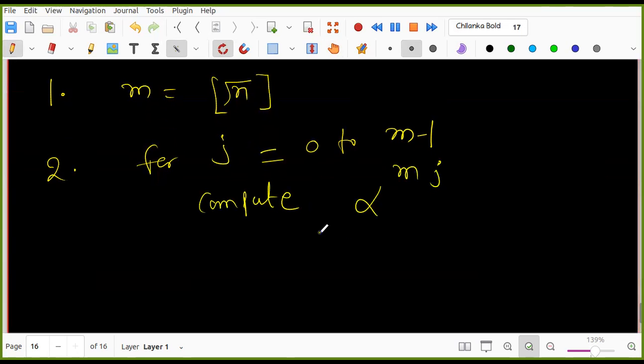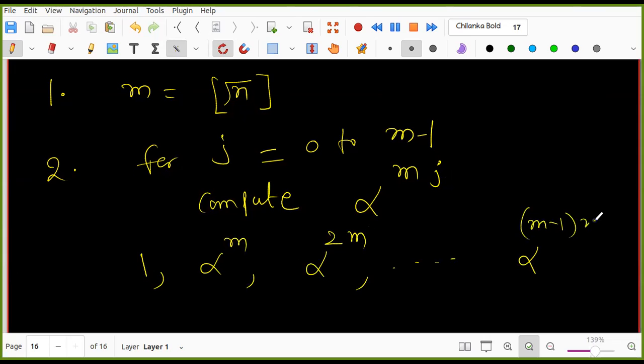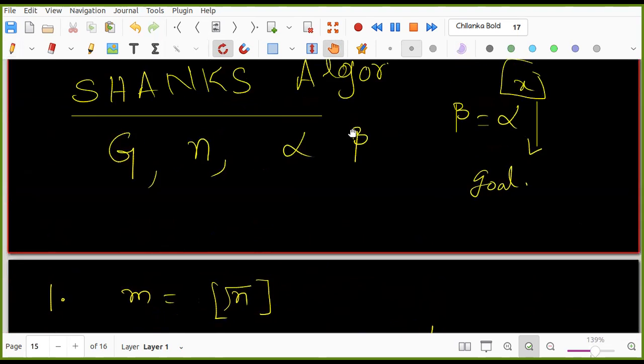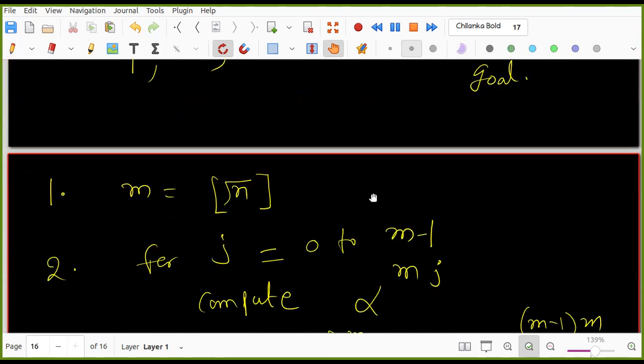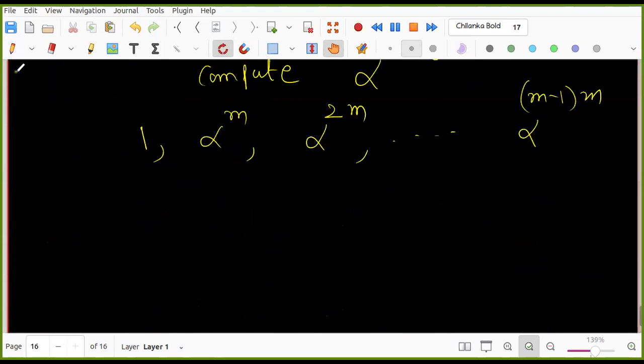So j is varying, j equal to 0, I get 1, right? Next alpha power m, next alpha power 2m, up to the last value, alpha power m minus 1 into m. So these are giant steps. Directly we are evaluating alpha power m, alpha power 2m. Big steps we are taking. That's what giant step means.